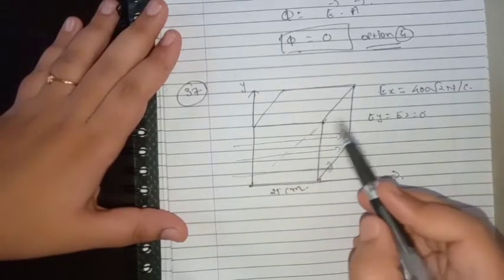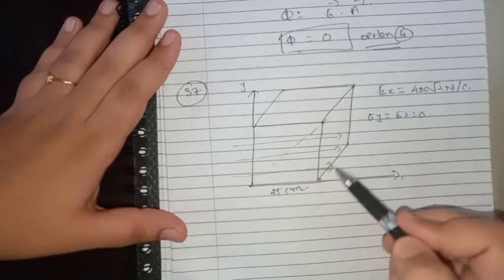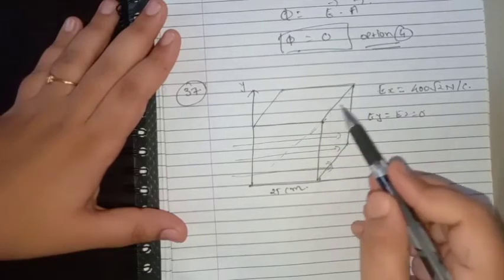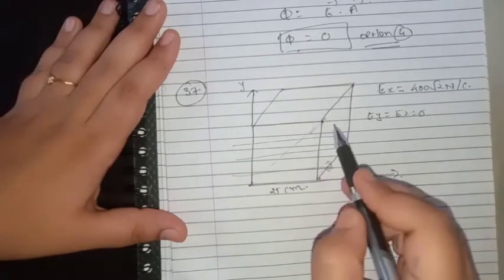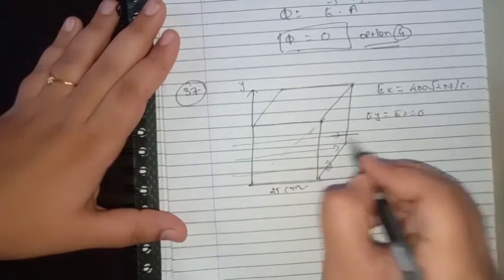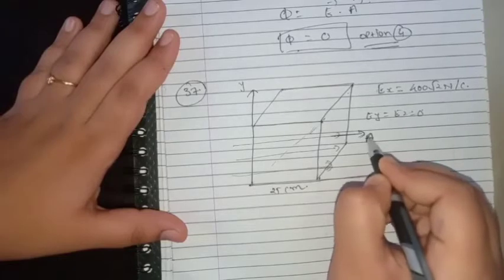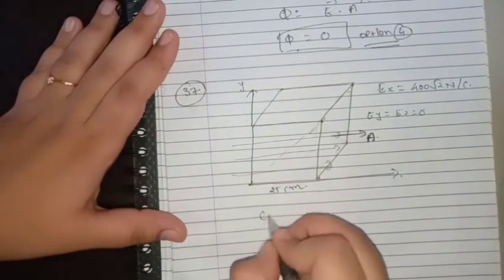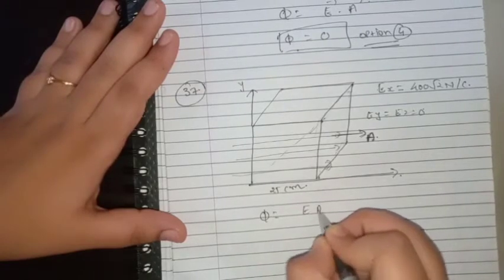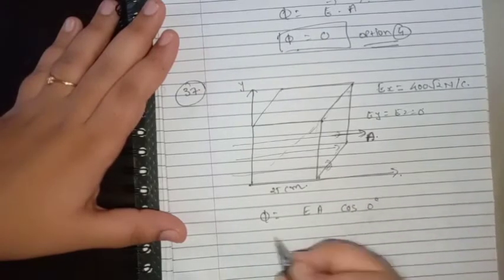So flux is related only to this surface, the surface which is perpendicular to electric field, so that the area vector will be along the direction of E. So flux coming out from this surface can be written as E A cos 0 degree.